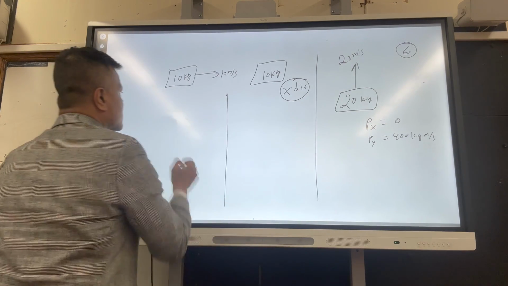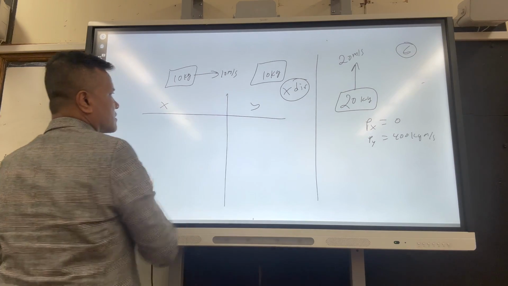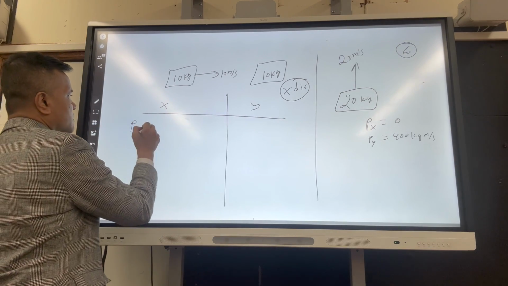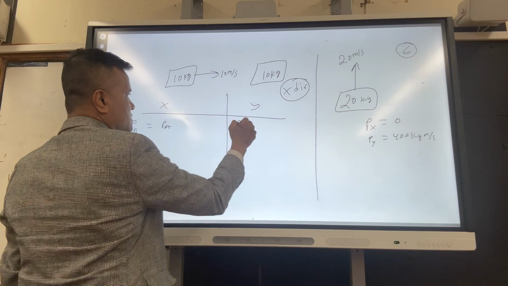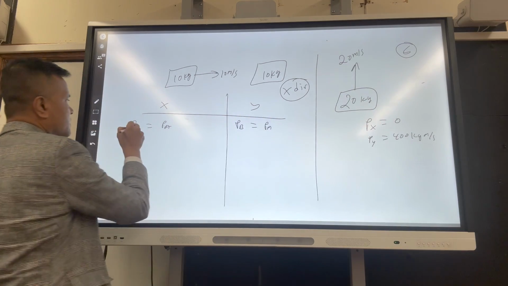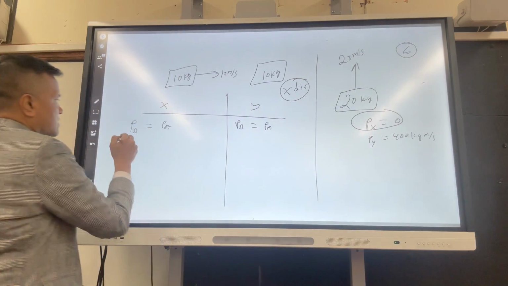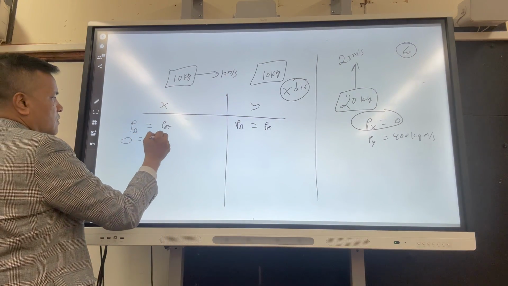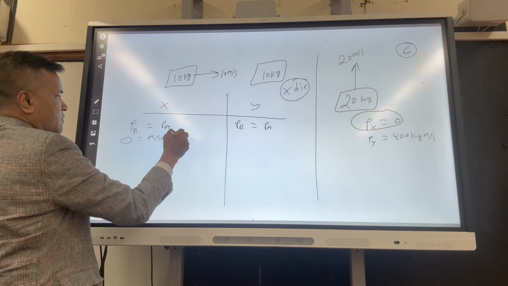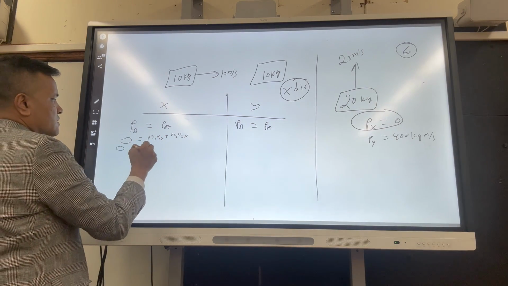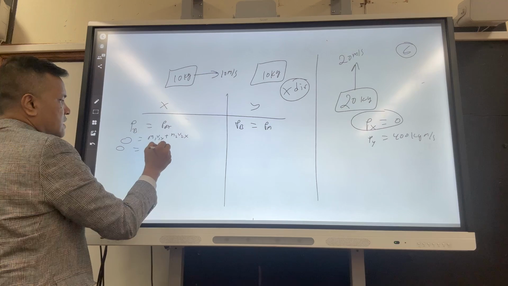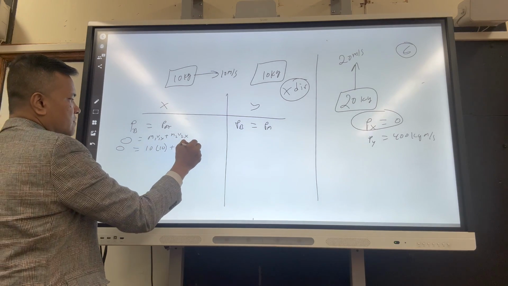Now let's do x and let's do y. So momentum before is equal to momentum after. In the x direction, p before is 0, which is equal to m1 v1x plus m2 v2x. So m1 is 10, v1x is 10, plus m2 is 10, v2x.